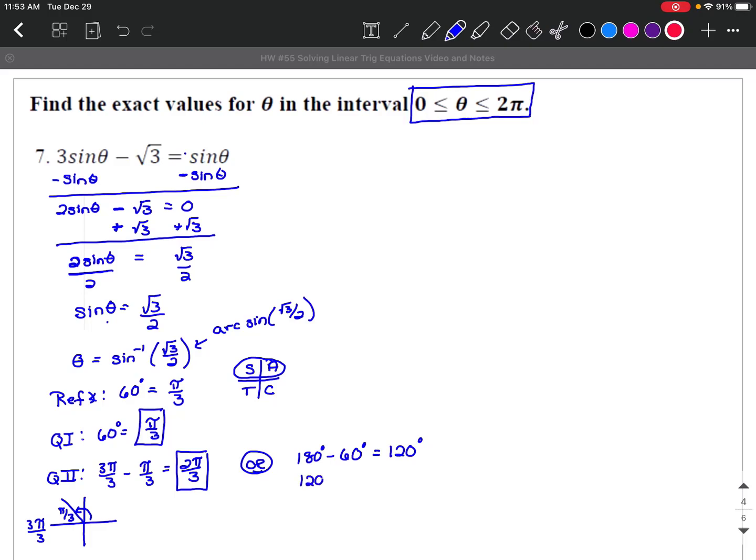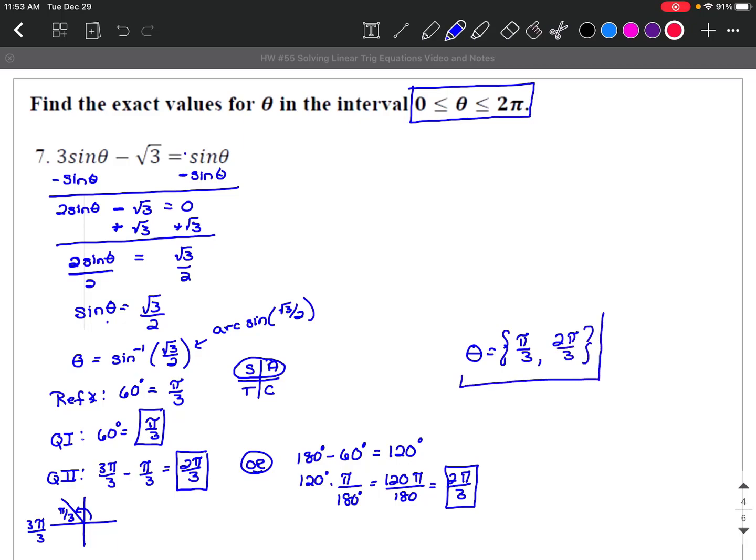Now you have to take your 120 degrees, multiply pi over 180 degrees. That's 120 pi over 180, and 60 goes into that twice on the top and 3 times on the bottom. It's the same answer. So we now know that theta can be, and make sure that answer is in radians, pi over 3 or 2 pi over 3. And there is our answer for number 7. Okay?